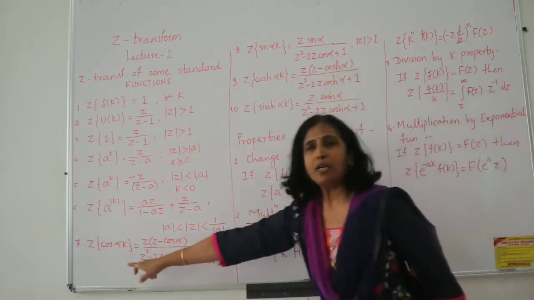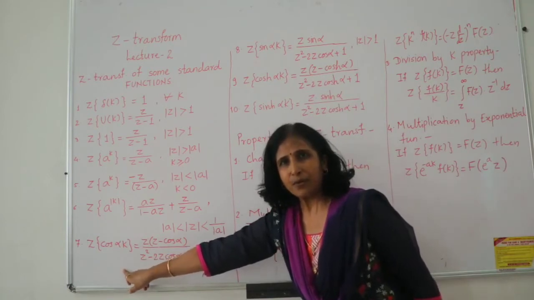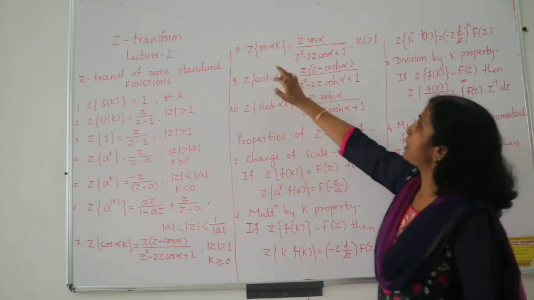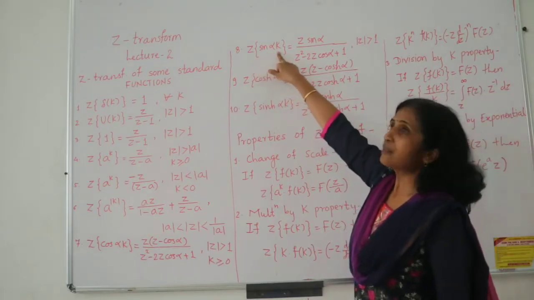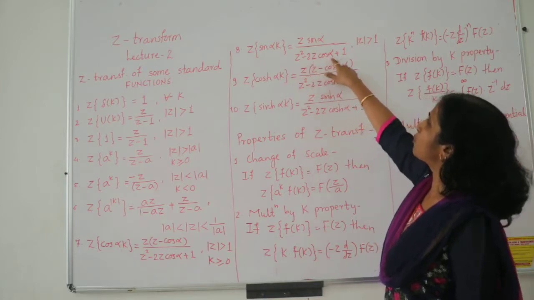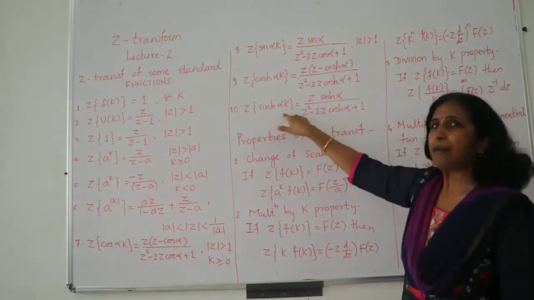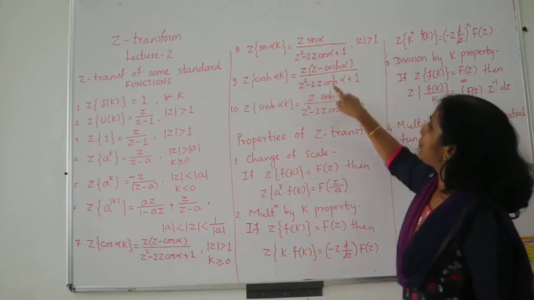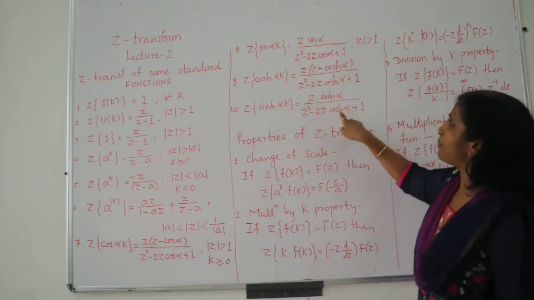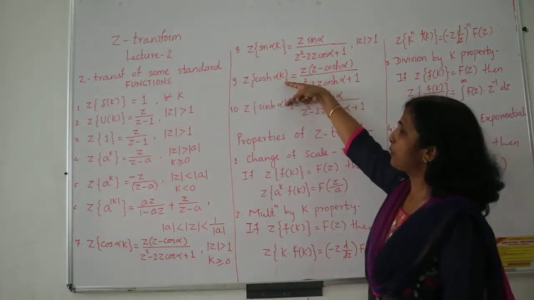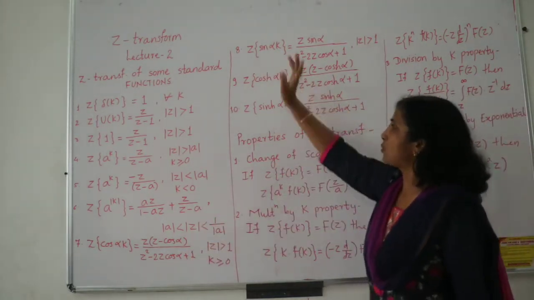Similarly, if you know Z transform of sin alpha K as Z sin alpha upon Z square minus 2Z cos alpha plus 1, then what happens in sin hyperbolic alpha? Only sin is replaced by sin hyperbolic, cos is replaced by cos hyperbolic. So you may not need to remember these two formulae if you remember these two.